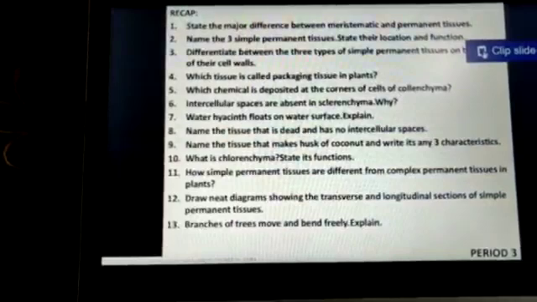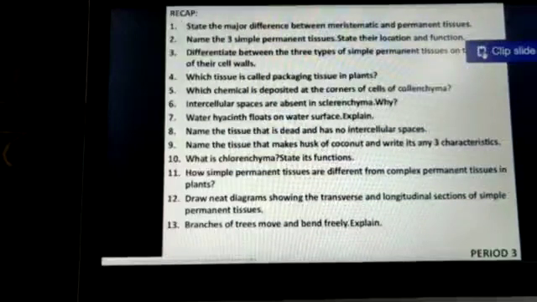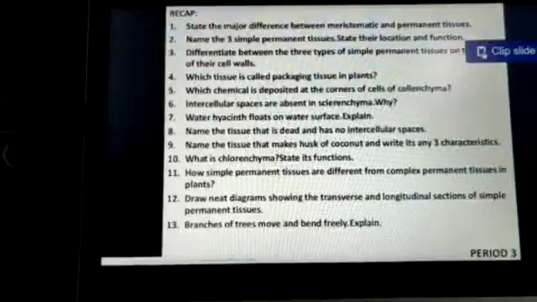Now these are some questions. You have to write these first 10 questions. What is the difference between meristematic and permanent? Let me discuss. Meristematic tissues have the power of division. Permanent tissues lose the power of division. Meristematic tissues help in growth, development and repair, whereas permanent tissues provide different functions in the different plant bodies.